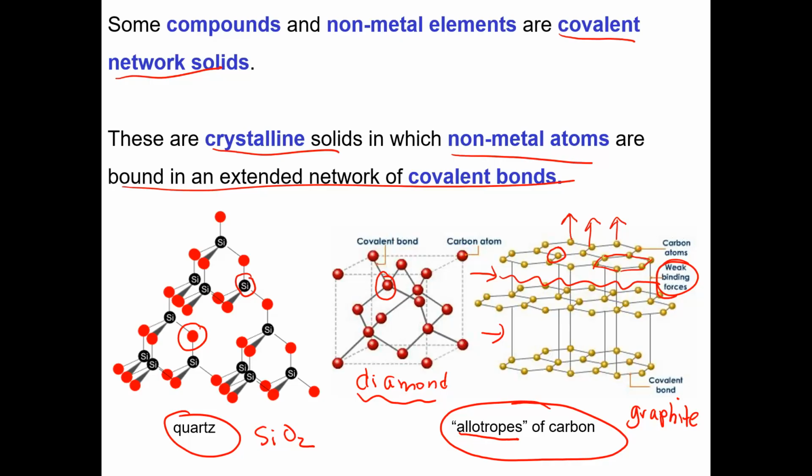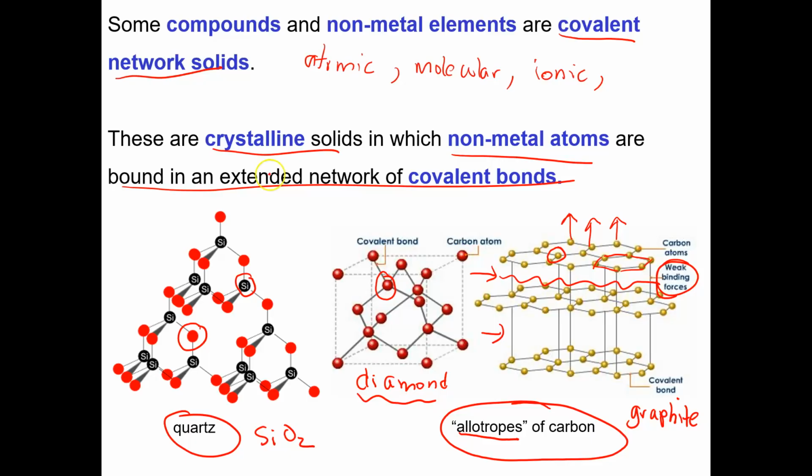So we now have a whole series of different types of crystals. When the particle that's repeating is an atom, we call that atomic crystalline. When the particle repeating is a molecule, we call that molecular crystalline. When we have a repeating pattern of cations and anions, we call that an ionic crystalline substance.